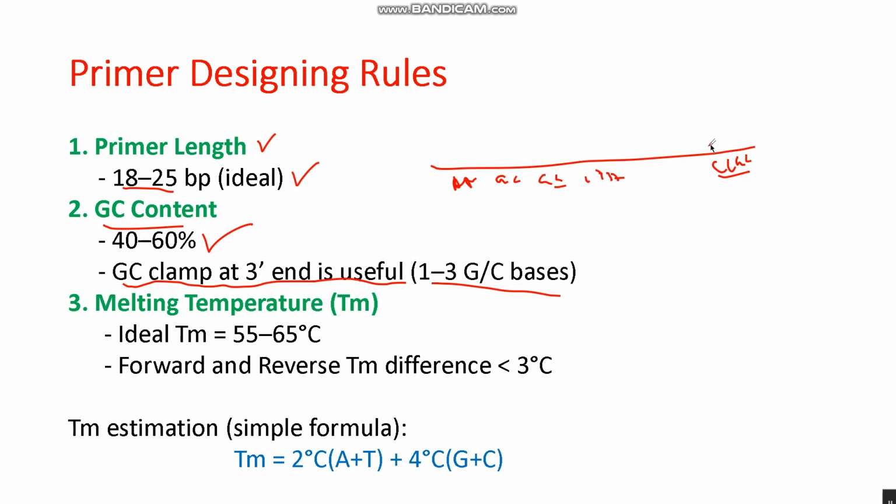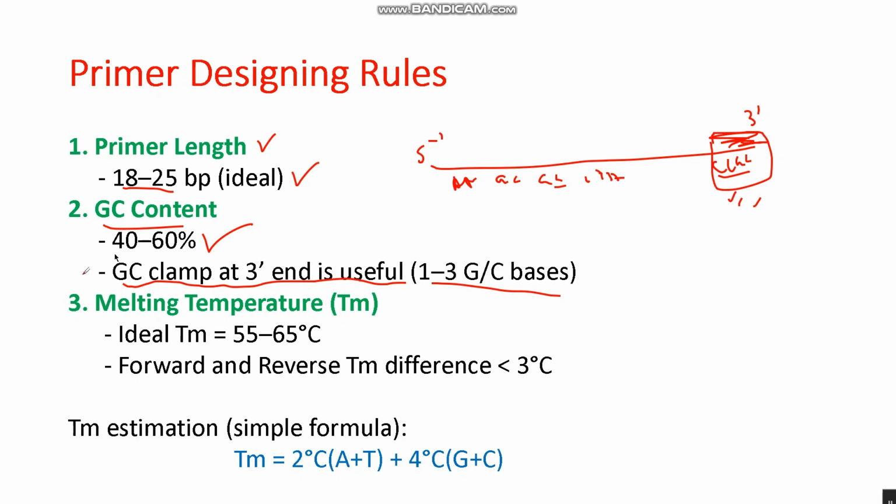Because by this the primer will not be detached when extension occurs. So that is why at the 3' end the GC clamp must be present. That is very useful because it doesn't detach the primer from the DNA template.